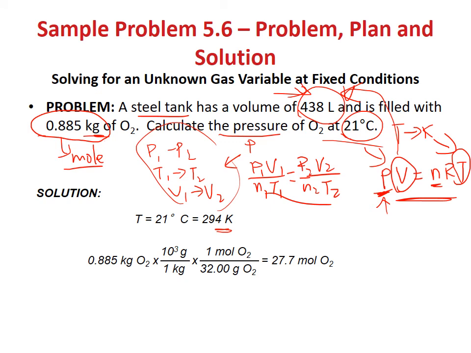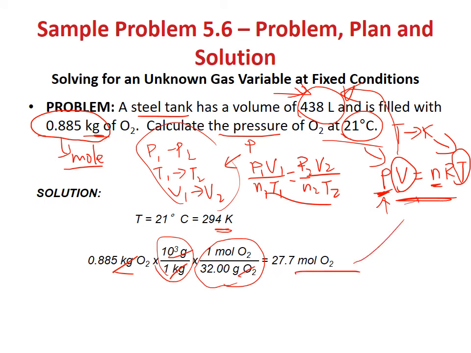We start with kilograms and change to grams, times 1000, since 1000 grams equals 1 kilogram. Now we have grams, and then divide by the molar mass: 1 mole of oxygen is 32 grams of oxygen, and that changes it to moles.